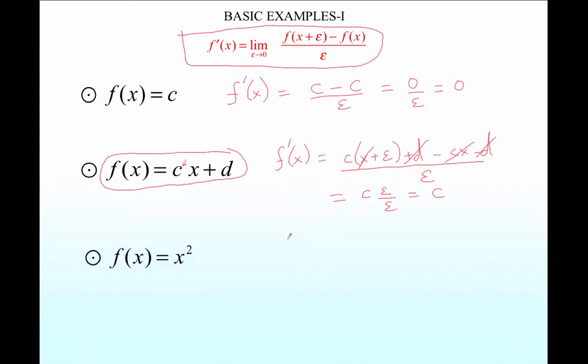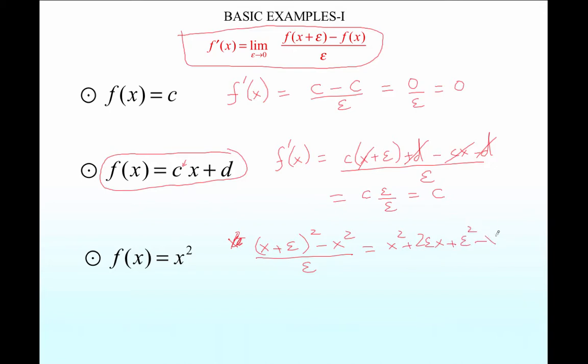Now for a slightly more complicated example, the function f of x equals x squared. Here we need to find the limit of x plus epsilon squared minus x squared divided by epsilon. And now this is x squared plus 2 epsilon x plus epsilon squared minus x squared divided by epsilon.